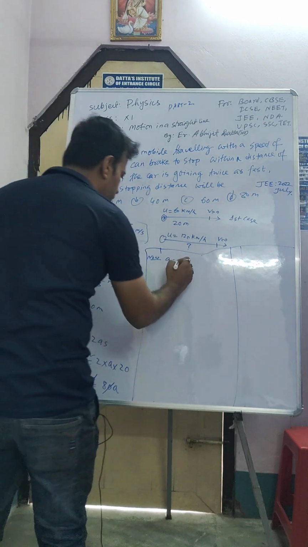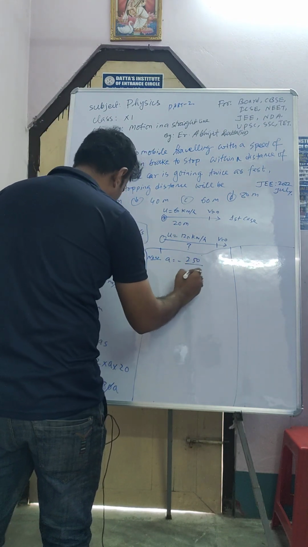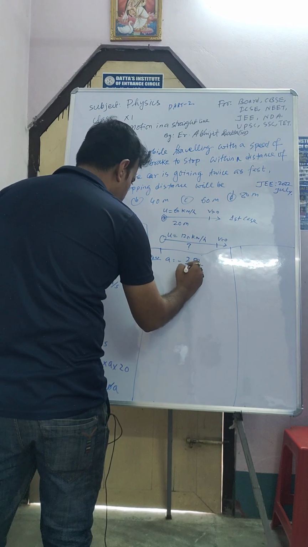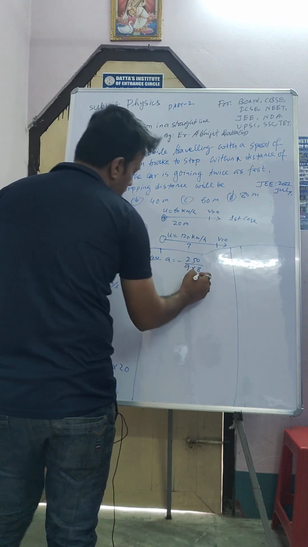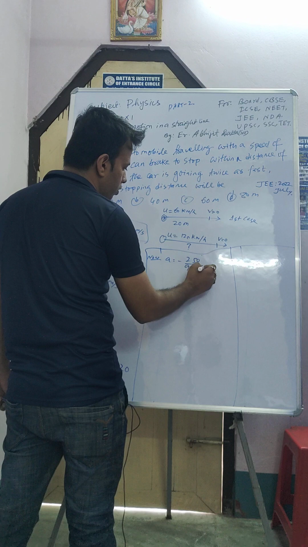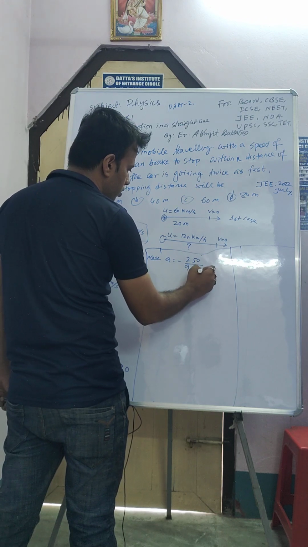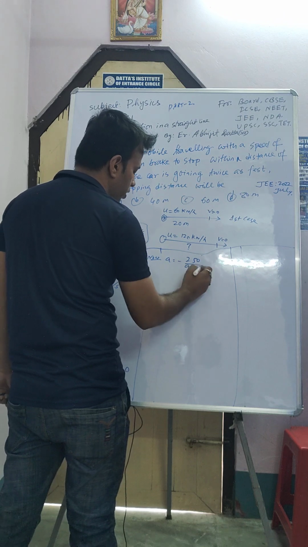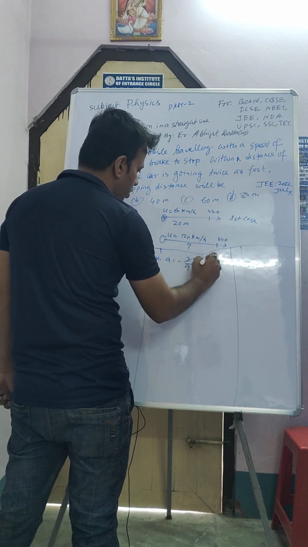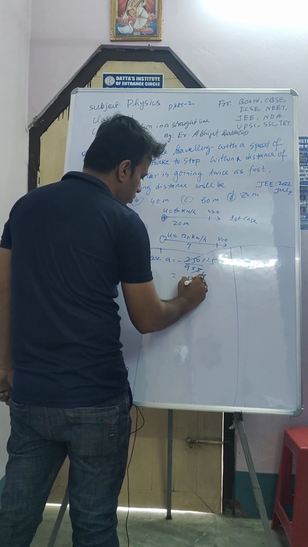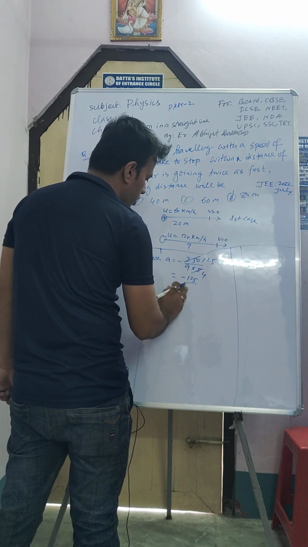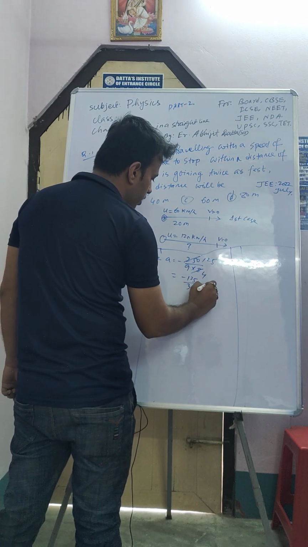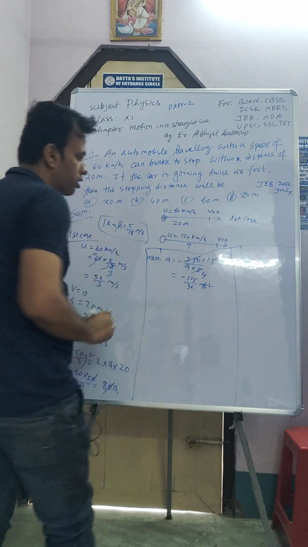So 250 by 9 into 8. If we cut this by 4, it becomes 2, and if we cut this 2, it becomes 4, and it becomes 125. So minus 125/36 meter per second square. It will be the acceleration in the first case.